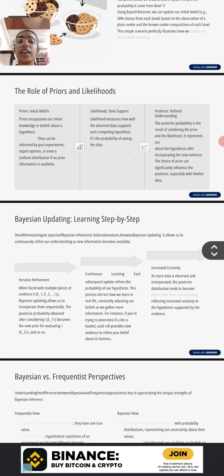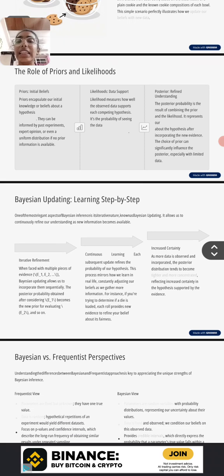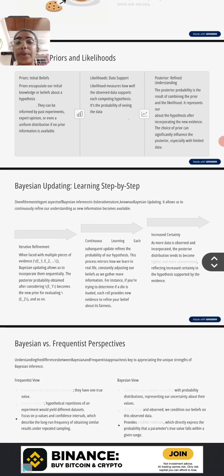The role of priors and likelihoods. Priors and likelihoods play a crucial role in this concept. Priors are our initial beliefs. Priors encapsulate our initial knowledge and beliefs about the hypothesis.